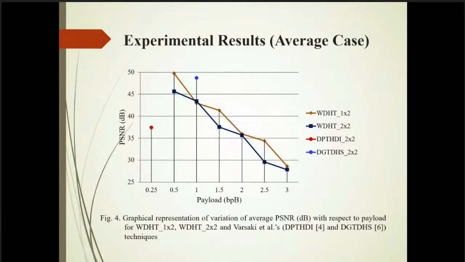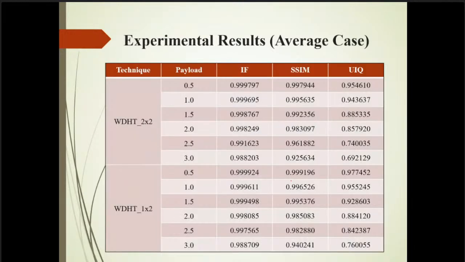So here for the 1x2 result, you also see that 2.5 is up to 30, but when I go for payload 3, it is degrading. So you see image fidelity, structural similarity index, and universal image quality index. This should ideally be 1. Image fidelity is ideally 1, meaning the same image.